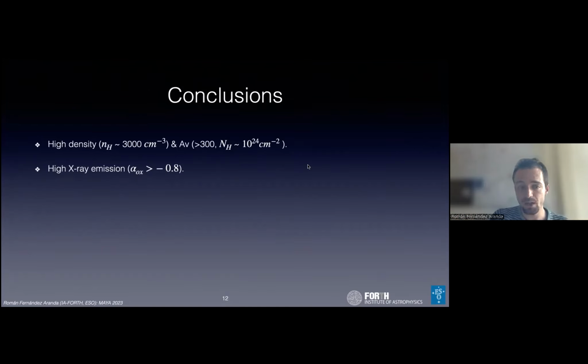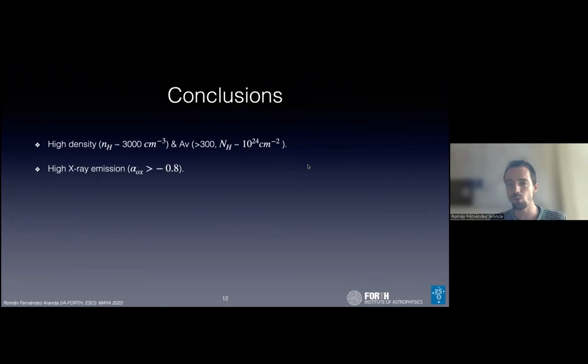Also, in all this modeling, we were not including the CO lines because they are high transitions that are not that easy to model with Cloudy. If we try to include them, the modeling doesn't work, because our best model predicts that, because of the high ionization and the high X-ray emission, we don't have a molecular phase.